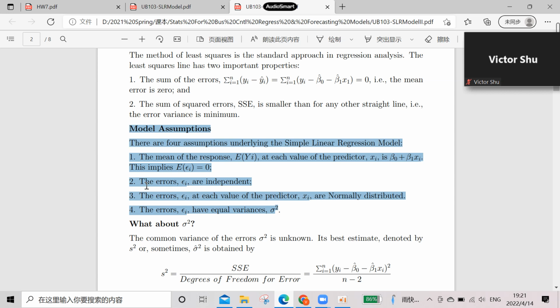The second one, the errors are independent, which is very important, right? My second observation has its error, and it has nothing to do with my first observation. So basically all the residuals are independent, and that means when I plot the residuals, I shouldn't find any pattern.